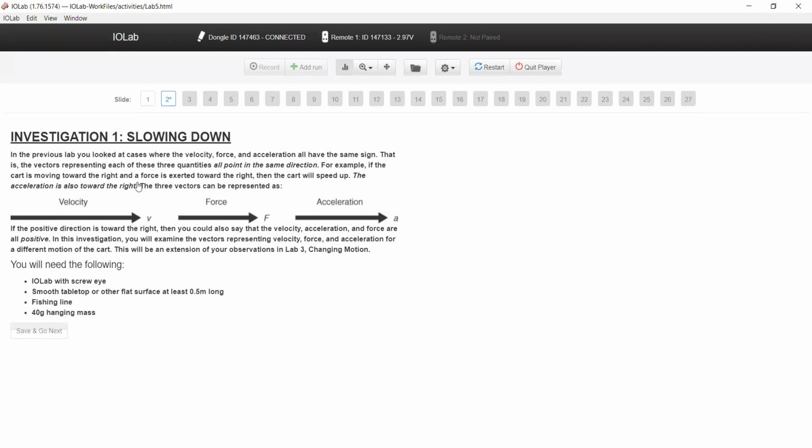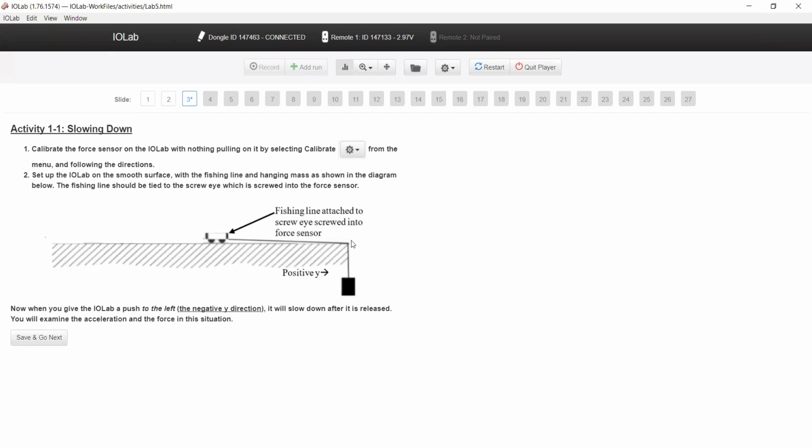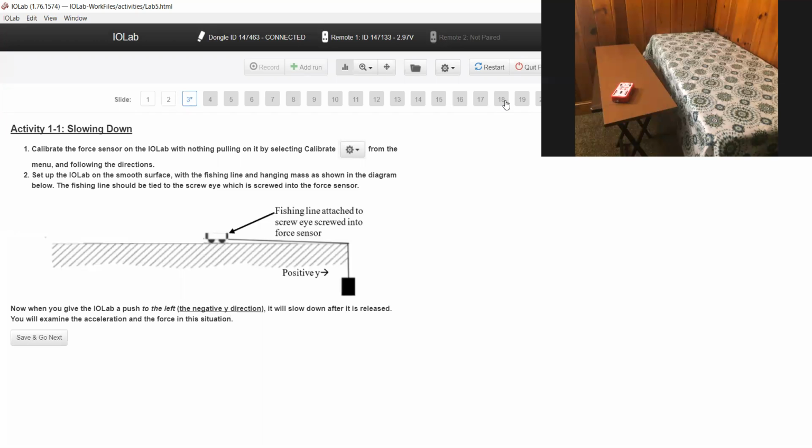After that we'll be slowing down, using the same technique that we used previously. Again, the positive y-axis is the direction where your force goes from the double wheel towards the single wheel in your IOLab. I have seen people making mistakes considering that. Let me remind you again: the one shown on your device is from single wheel to double wheel, but while doing the experiment, the positive y-axis is from the double wheel towards the single wheel.